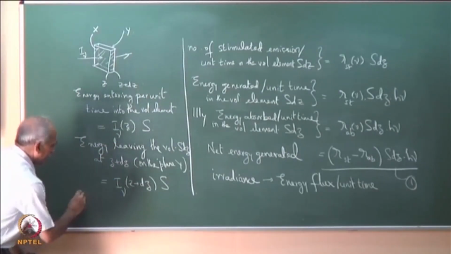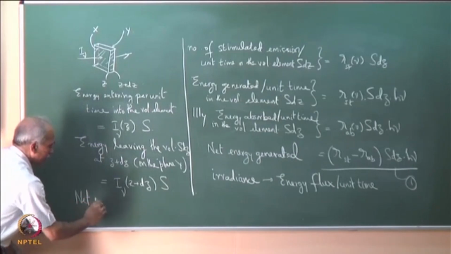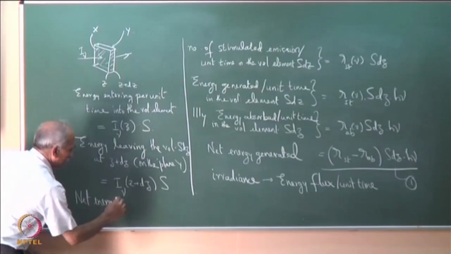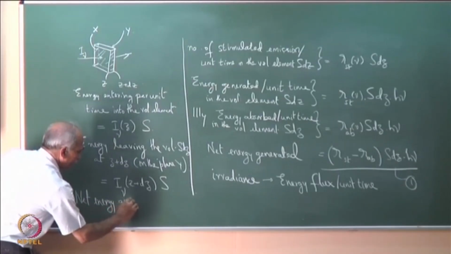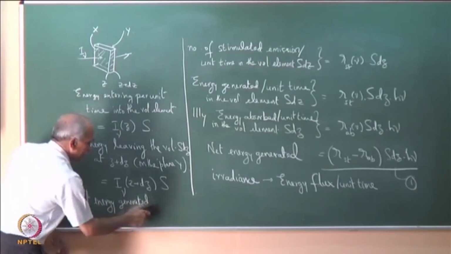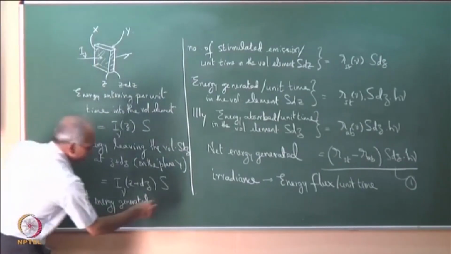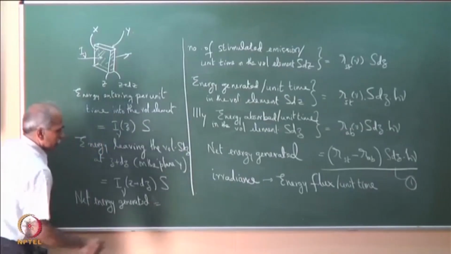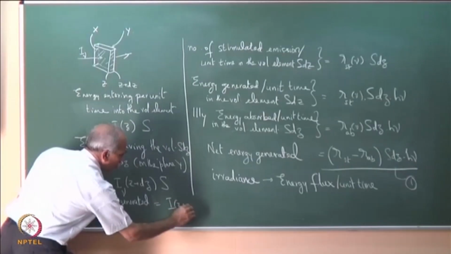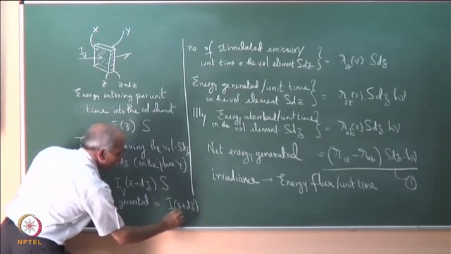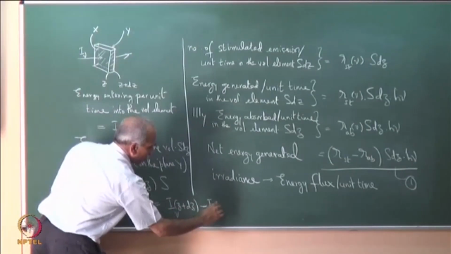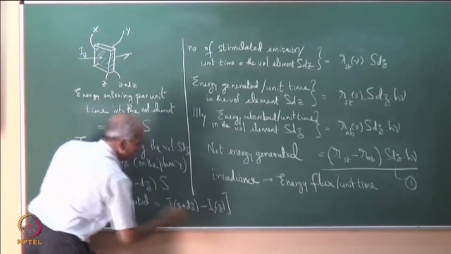Therefore, the net energy generated in the volume element per unit time is equal to what is leaving minus what is entering: I nu of z plus dz minus I nu of z, into S.